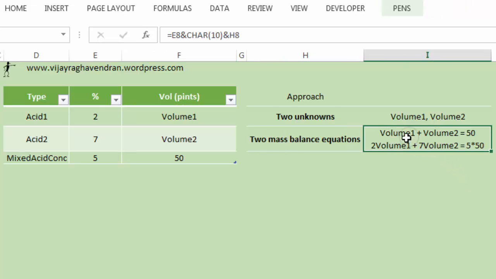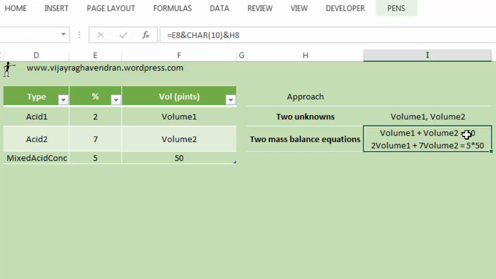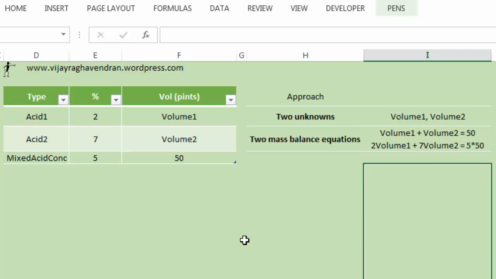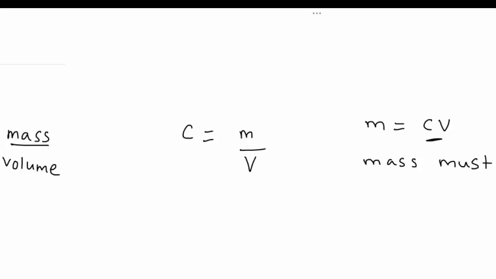The first one is that we need a total volume of 50 pints, or milliliters or liters, it doesn't matter as long as the unit is consistent. So volume 1 and volume 2 must add up to 50.